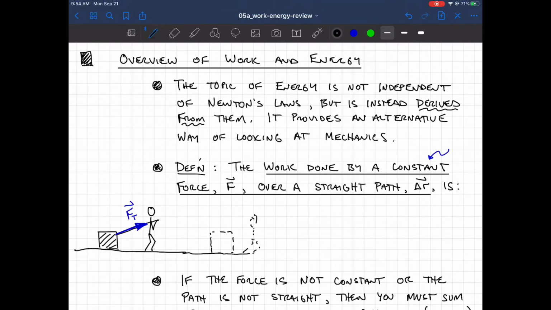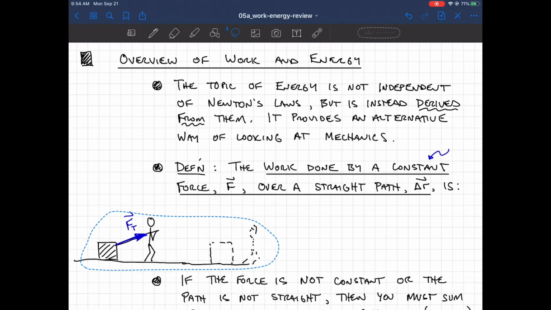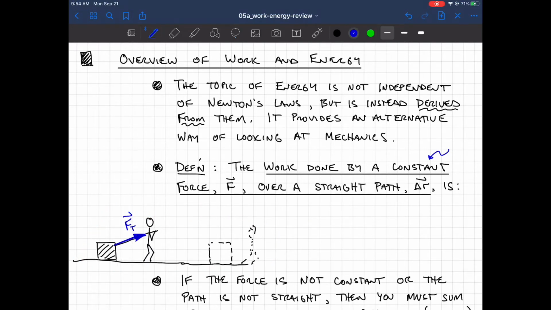So we call that the displacement of the box, and we should draw that as a vector. And in this particular example, it is a straight line displacement that we're going to use. And so let's draw that straight line displacement. You go from this point to this point, and that is your delta R vector.